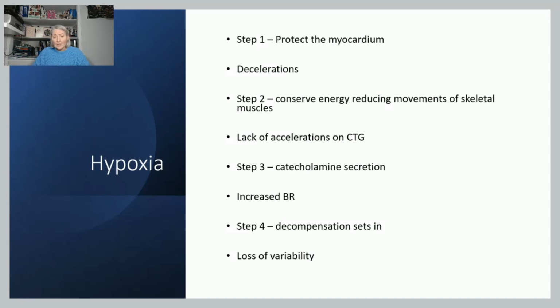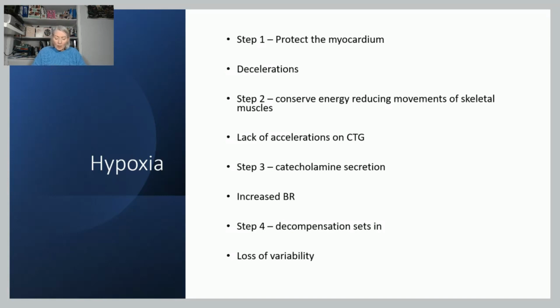If no remedial action is taken, the baby will try to compensate to rectify the situation and try and mobilize its resources. So you will get catecholamine secretion. So you have got decelerations, then a loss of accelerations, then the catecholamine secreted, which will cause your peripheral vasoconstriction to push the blood towards the key organs, and also push the heart rate up.